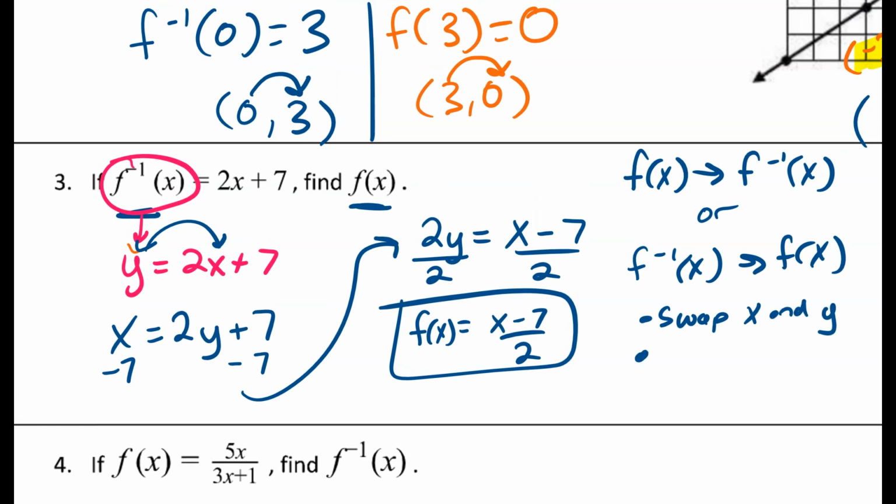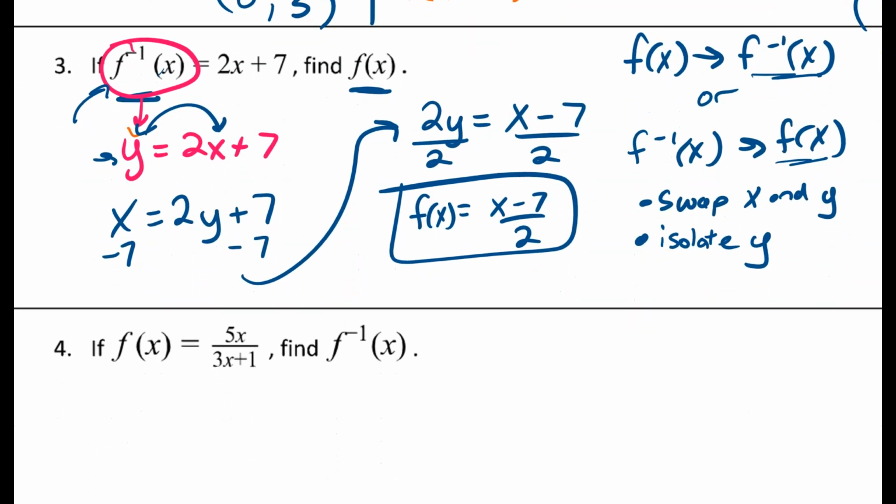Maybe you could think of a step 0 as replacing the function notation with just y equals. And then we're just going to rearrange the function to isolate y, and that's going to be either our function or our inverse function depending on what we're looking for. The only issue comes in when we're dealing with some rational expressions or rational equations, it can get a little bit tougher to think about.